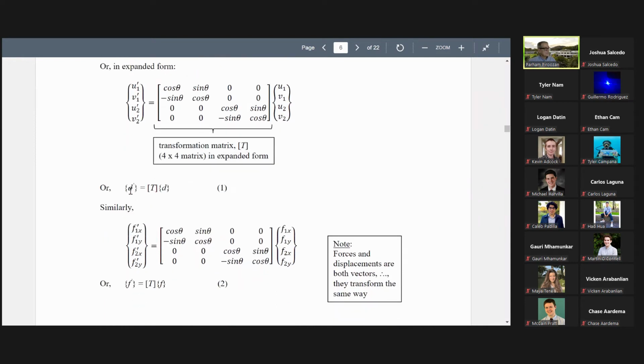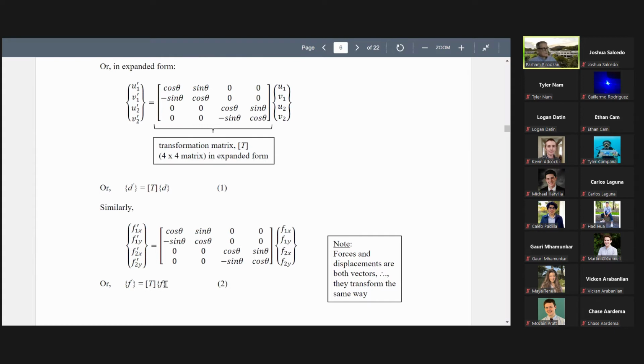If D prime is TD, the same, you can write it for F prime. F prime is also TF because they transform the same way. They are vectors. So our force vector, similar to this one for displacement, forces, transformation matrix, and force vector without prime. They are related.